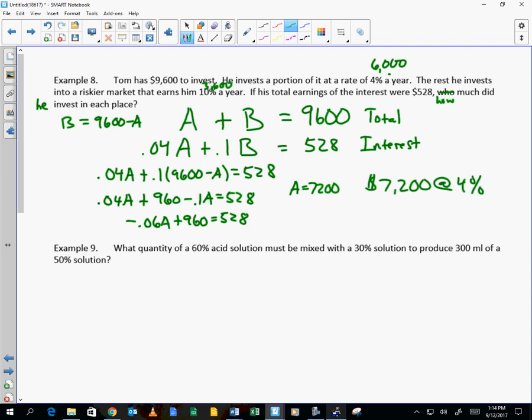He invested $7,200 at 4%, and how much at 10%? There you go.